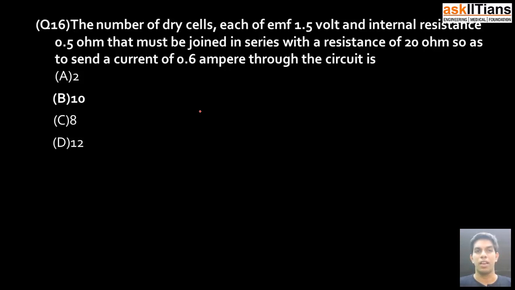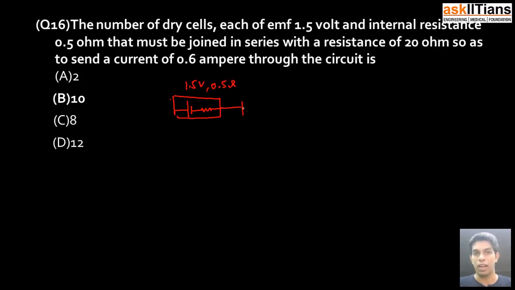It says the number of dry cells, each of EMF 1.5 volt and internal resistance 0.5 ohm, that must be joined in series with a resistance of 20 ohm so as to send a current of 0.6 ampere through the circuit. So let's say I have this box which denotes the dry cell, 1.5 volt and 0.5 ohm.